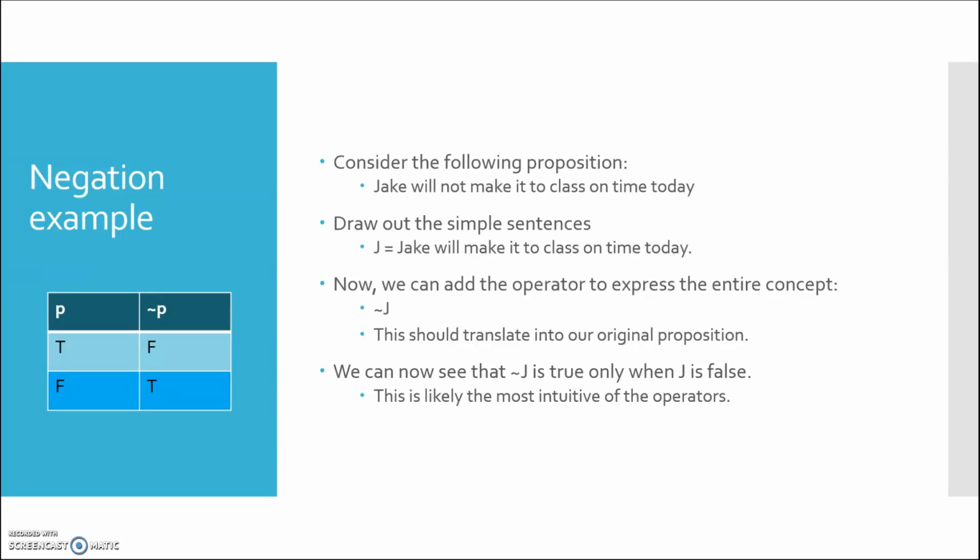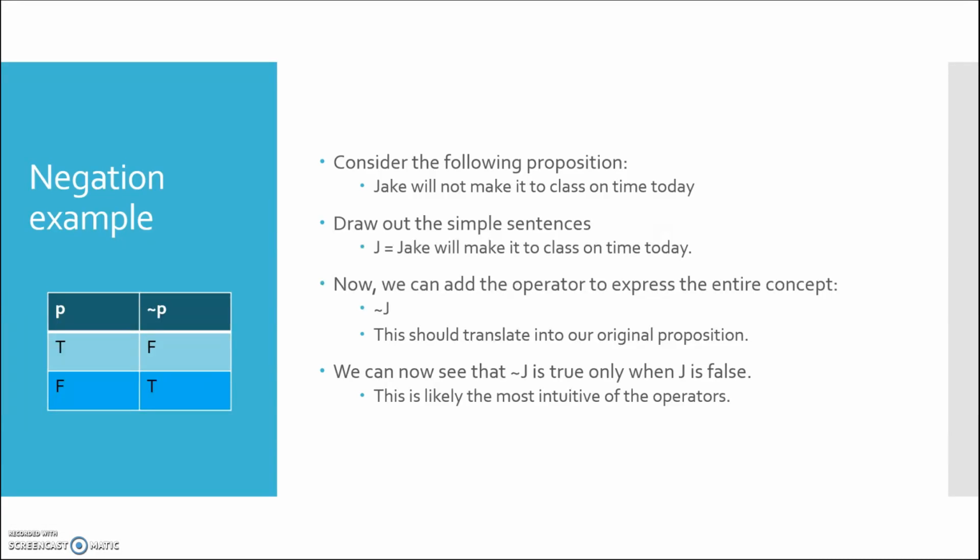Consider the following proposition. Jake will not make it to class on time today. We draw out the simple sentences and we remove the negation. That's always important. It's something left over from our last lesson, and you'll see why now. We get J equals Jake will make it to class on time today.